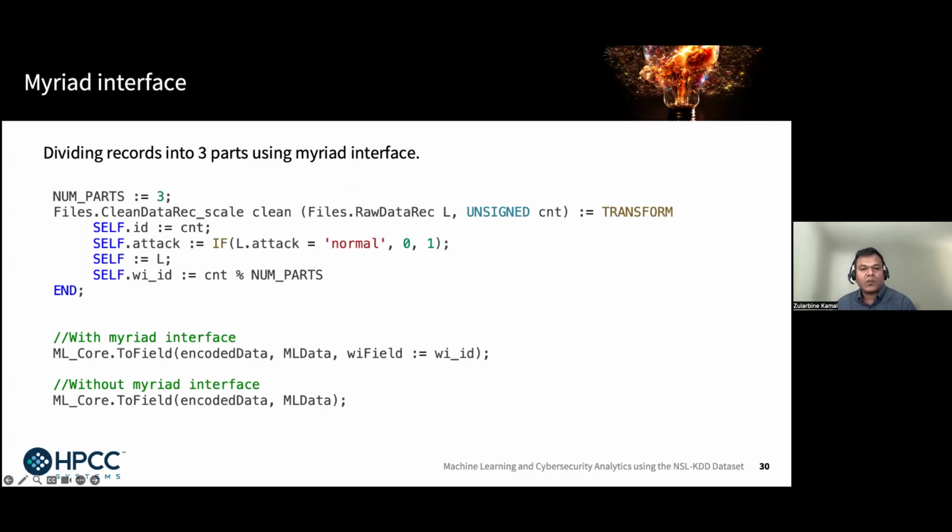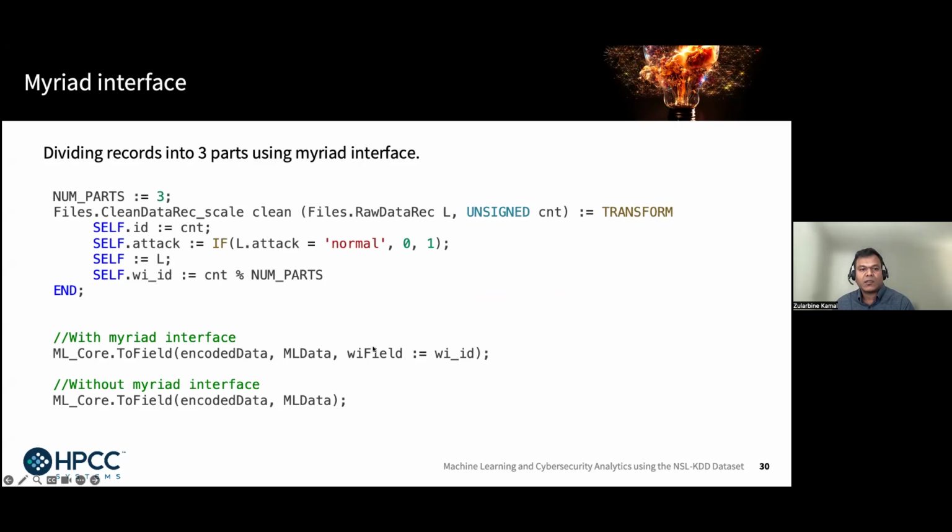Here is an example of how it divides the records into 3 parts using the mirrored interface. I have added one field in the dataset called VID, and then I divide the dataset into 3 parts with 3 different VID values.